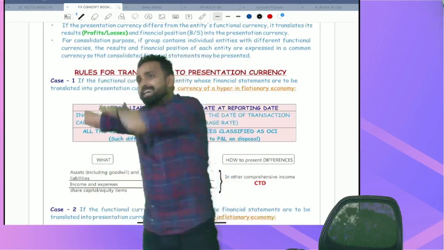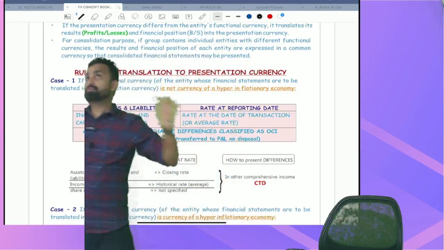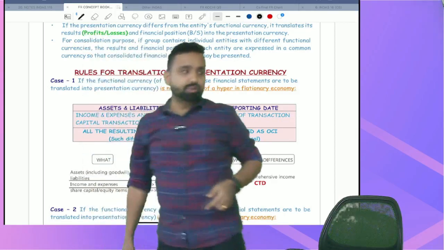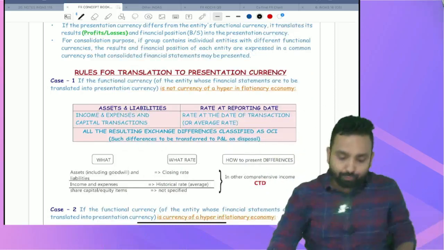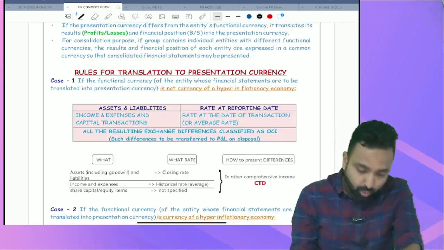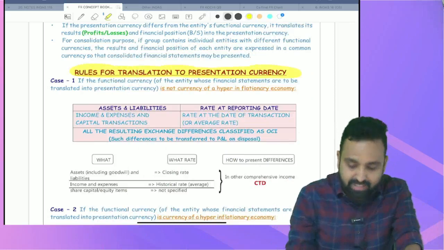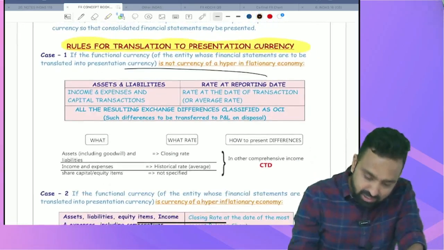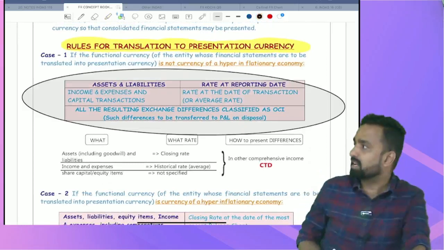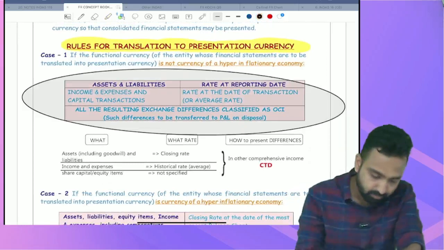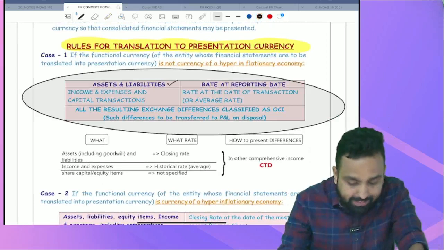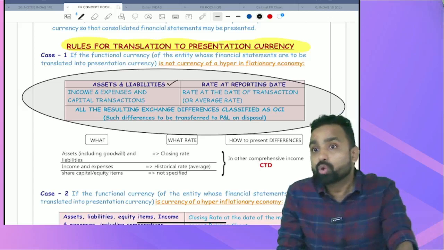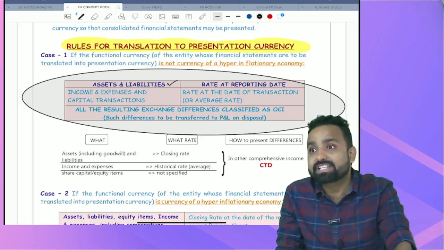Second, functional to presentation. Read the point: rules for translation to presentation currency. Just read this table, please. All the assets and liabilities: no need to do FC, non-FC.